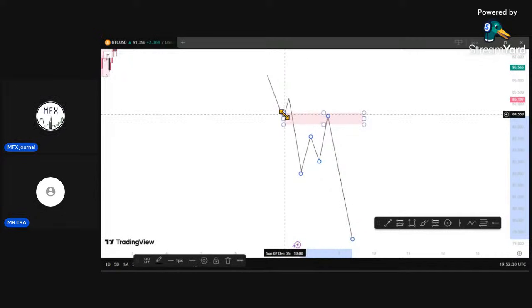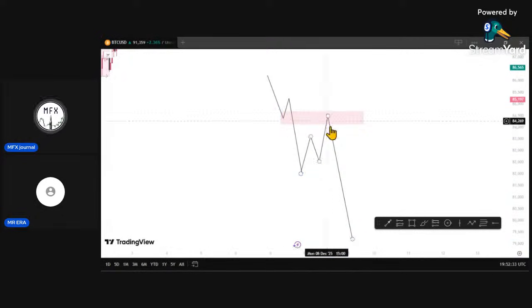To validate this POI, apart from using confirmation input whenever price comes into the POI, it is very important to wait for liquidity. This liquidity is of two types: a range liquidity and a single candlestick liquidity. For example, a liquidity is formed here. This is a liquidity.